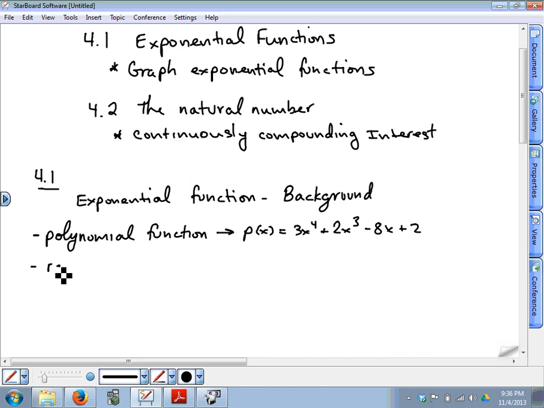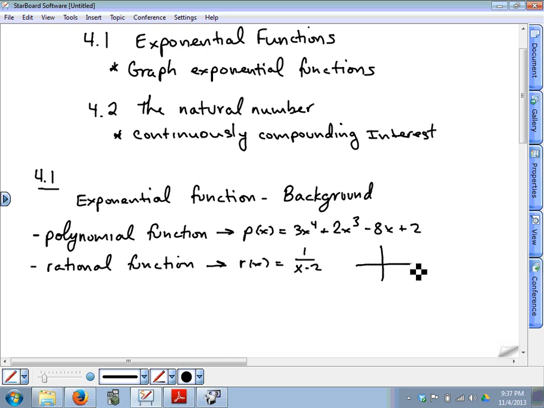We've learned about rational functions. That could be something like r of x is equal to 1 over x minus 2. A rational function is a function in the form of a fraction. These graphs do have vertical and horizontal asymptotes.